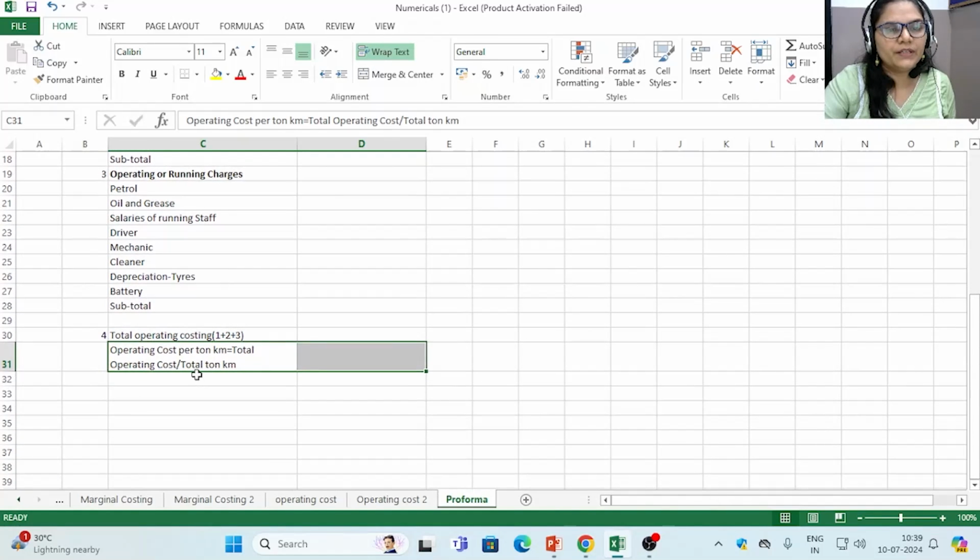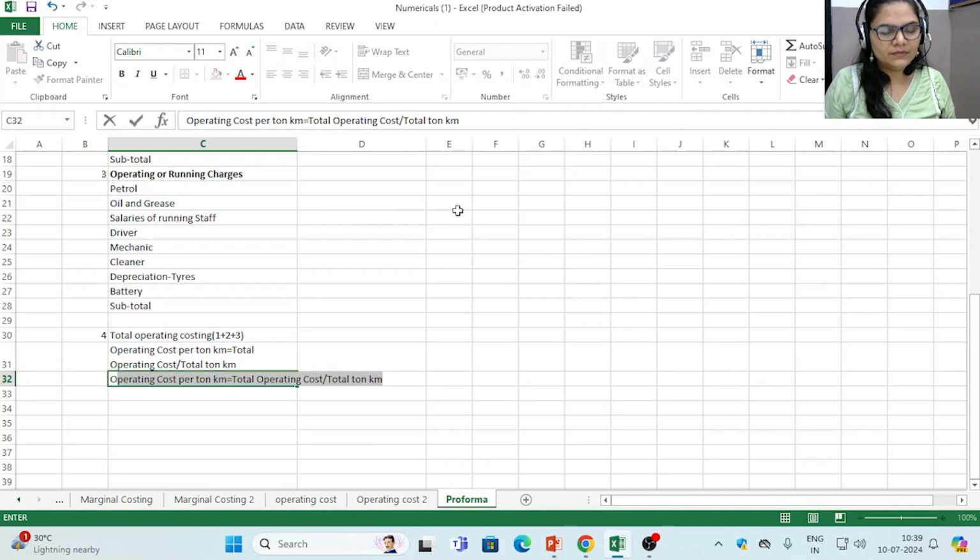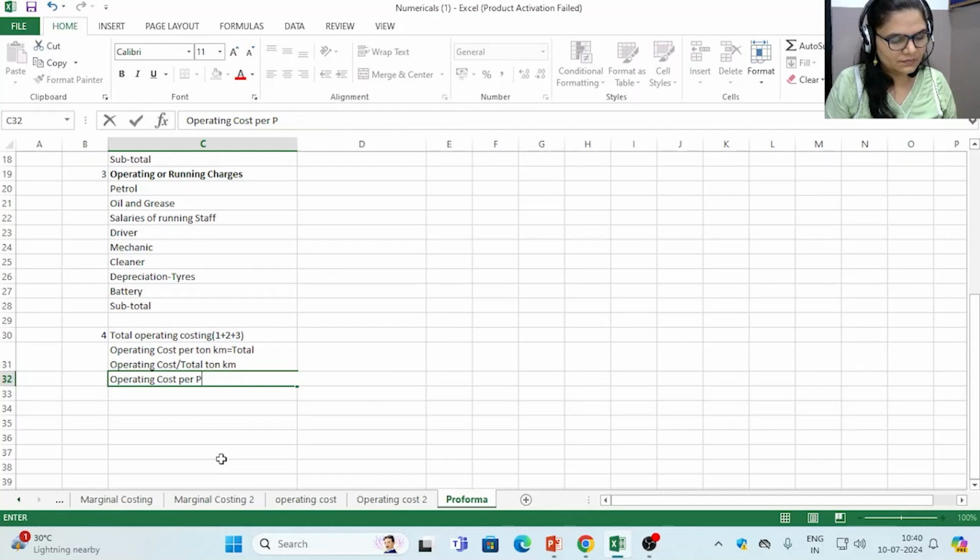Next is operating cost per passenger kilometer, which is equal to total operating cost upon total passenger kilometer.